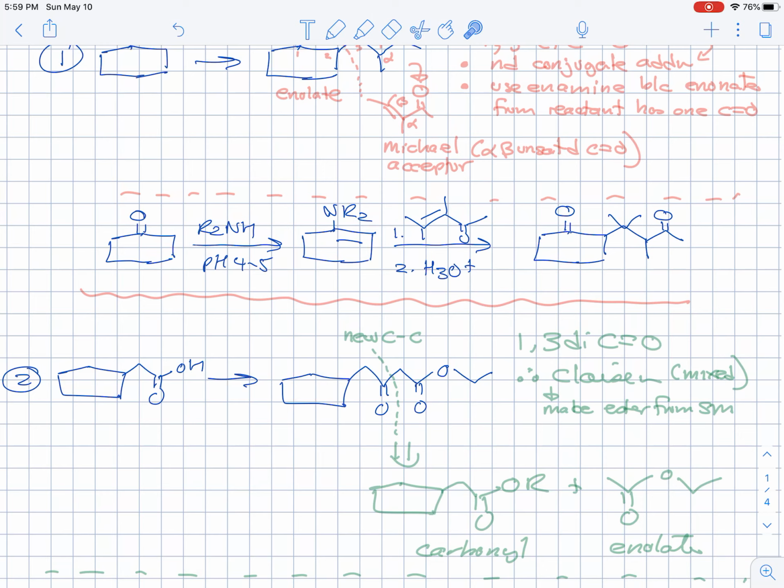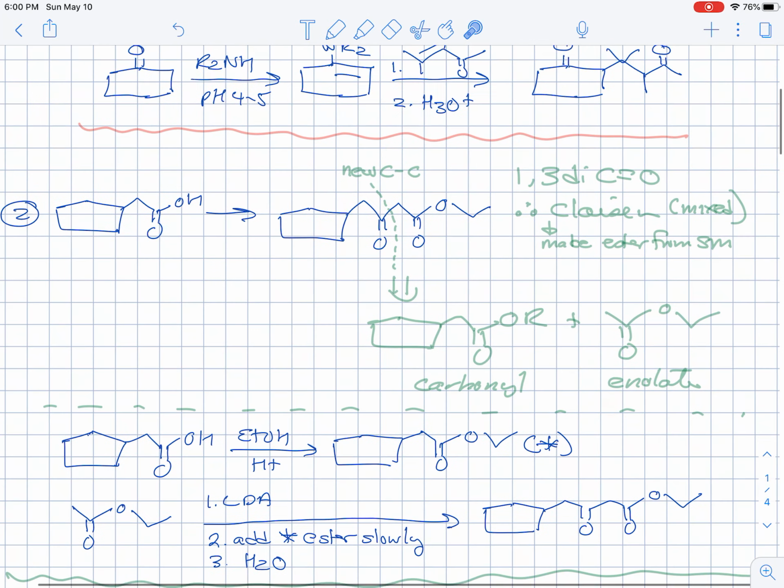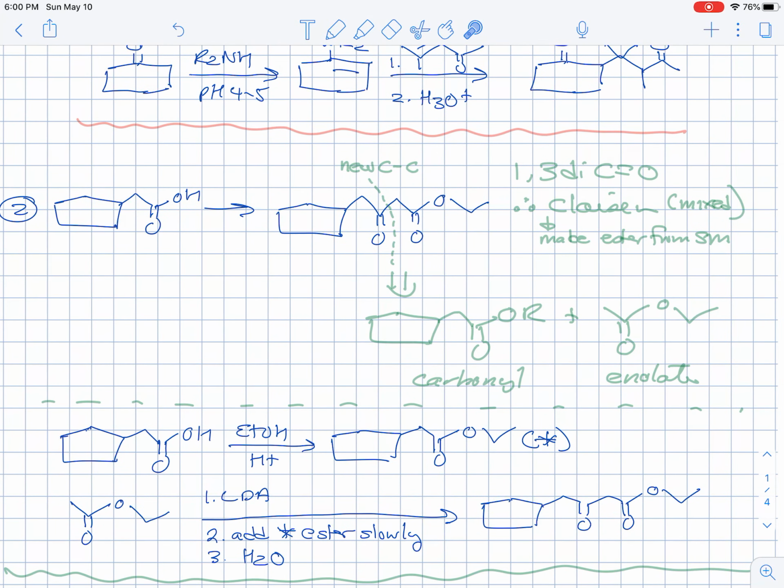So there are our two pieces, with this being the carbonyl piece and this being the enolate piece. And here's a case where we're going to have to do a directed Claisen, well, we always pretty much do a directed Claisen, but in any event, both of these have alpha hydrogens. So we're going to take our initial carboxylic acid and turn it into the ester. Right?